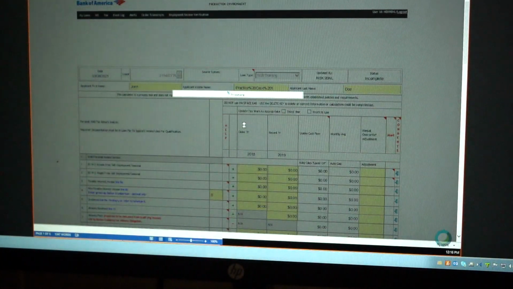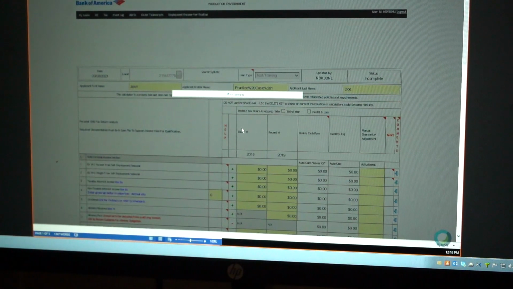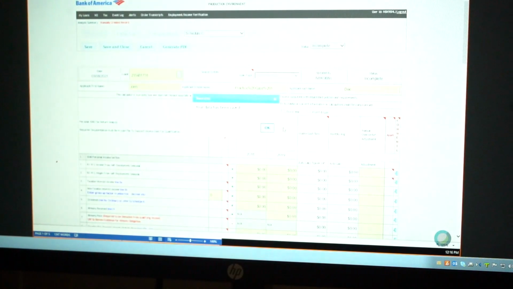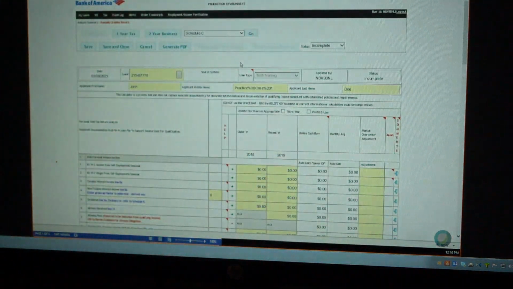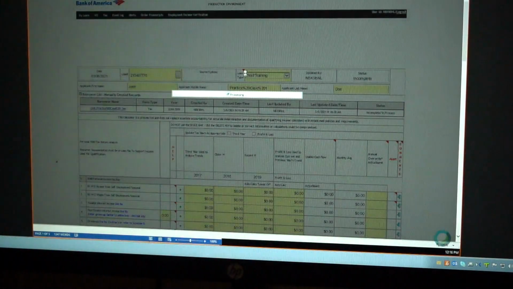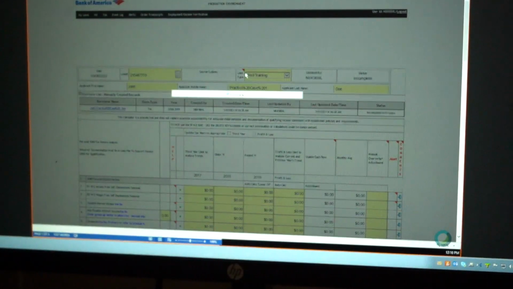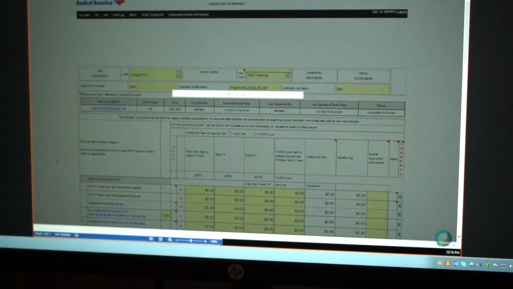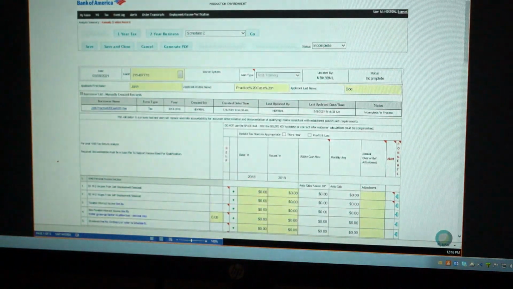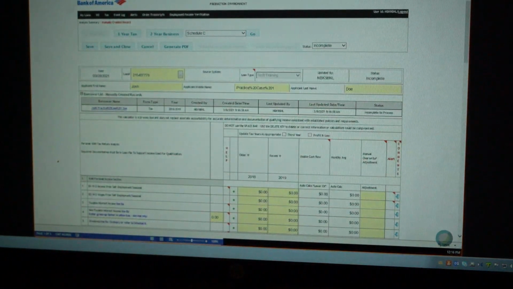Always save it as you go along. Then you're going to go for the Schedule C analysis, so it can allow you to enter the information.